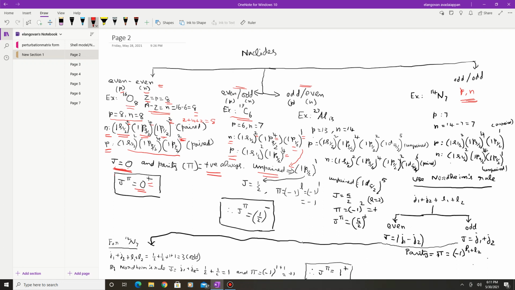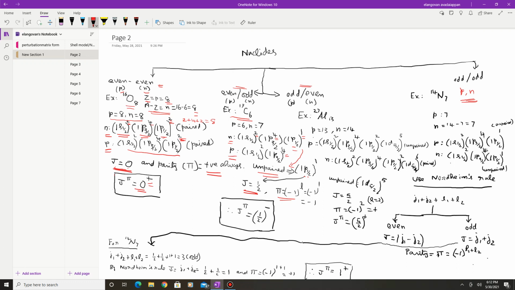The j value corresponding to the unpaired level gives the total angular momentum. Here it is 1/2, so j is 1/2. Parity pi is equal to (-1) to the power L, where L corresponds to the state of the unpaired nucleon.